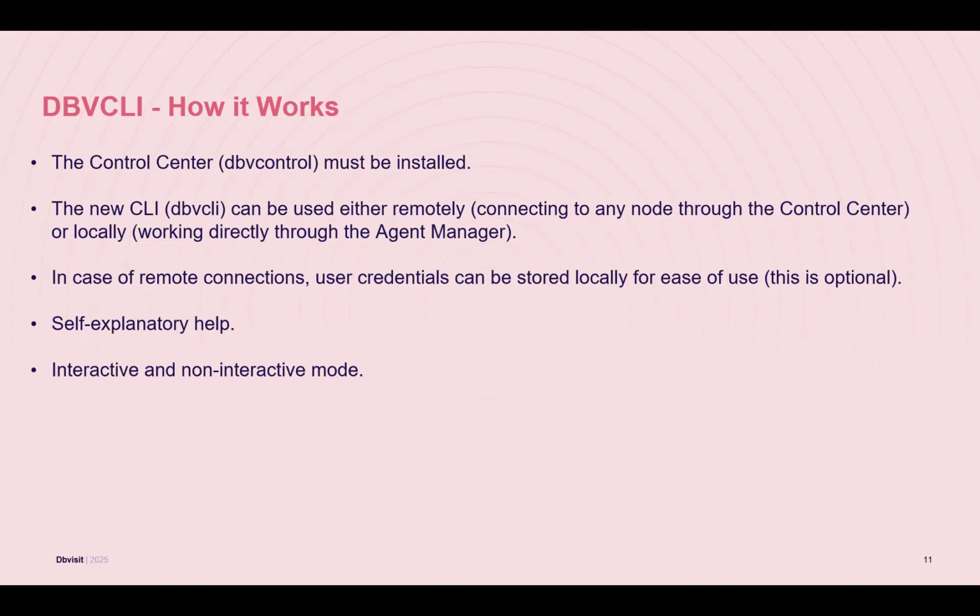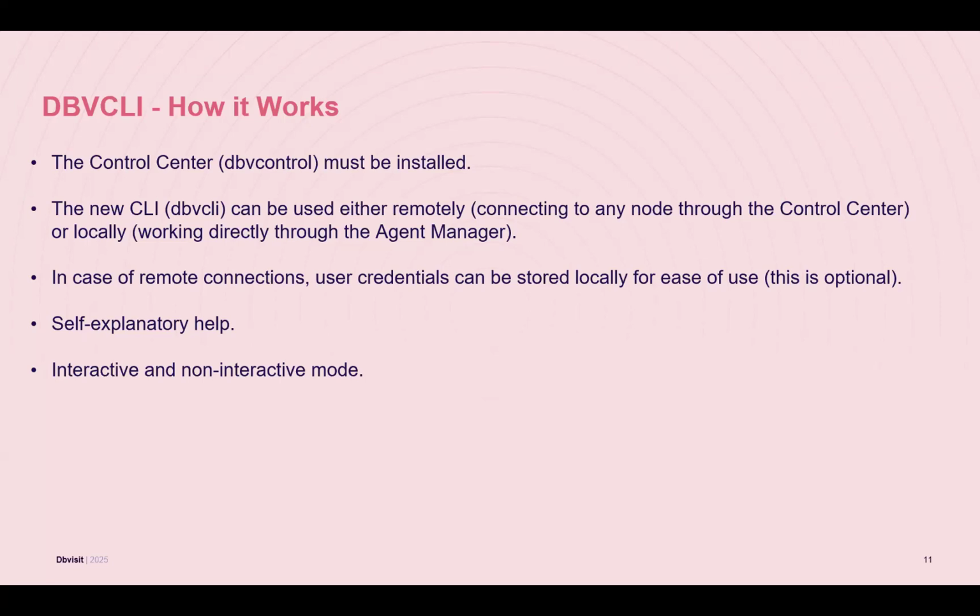That would automatically help you execute any number of commands. For example, your switchover, your failover, any operations related to primary and standby can be done directly either on this particular node or remotely.